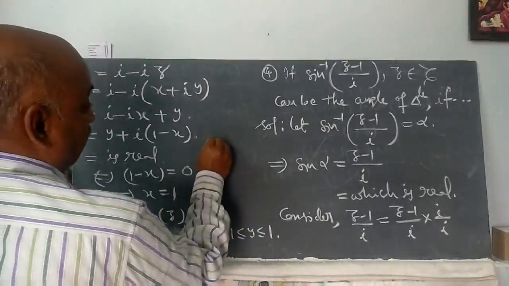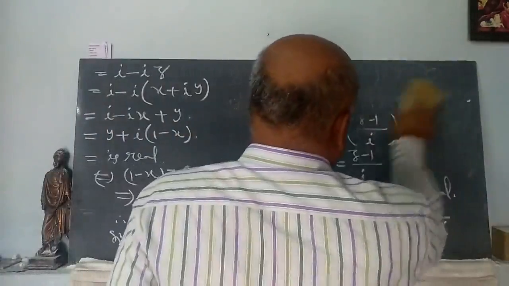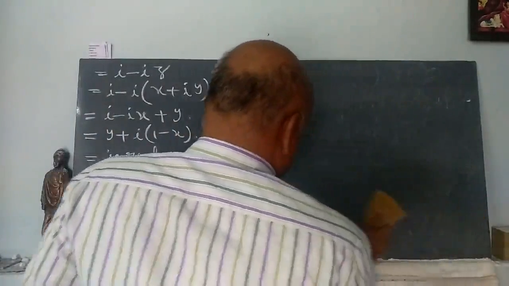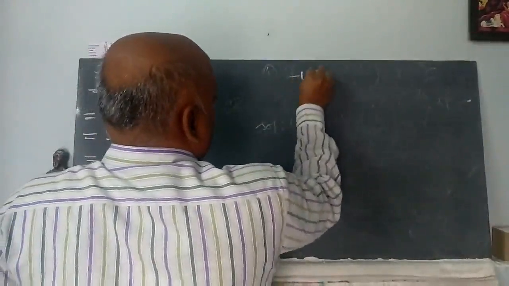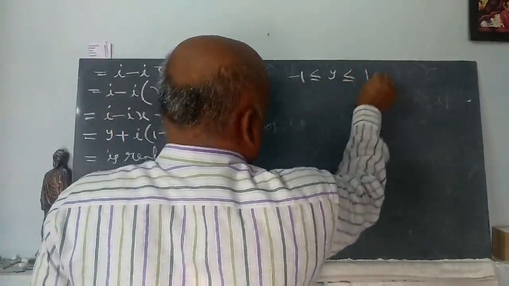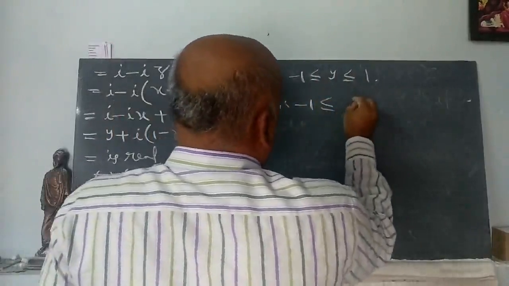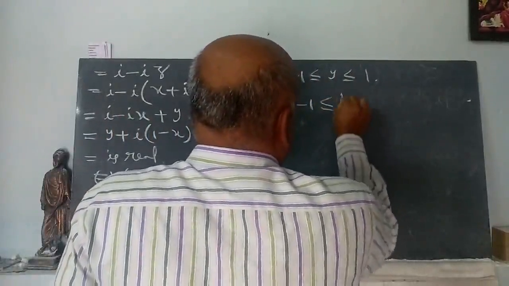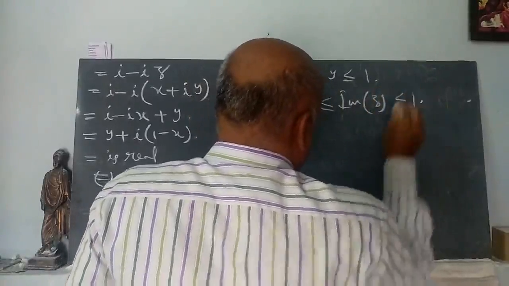So y is nothing but the imaginary part of z. So minus 1 less than or equal to y less than or equal to 1. Therefore, minus 1 less than or equal to the imaginary part of z is less than or equal to 1.